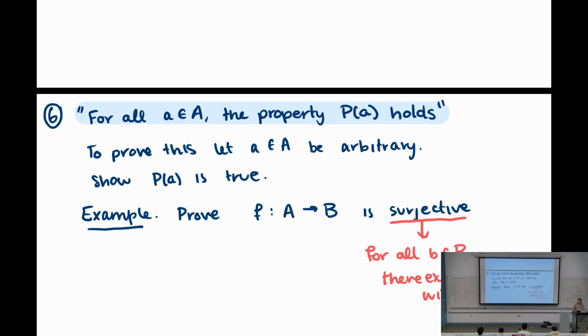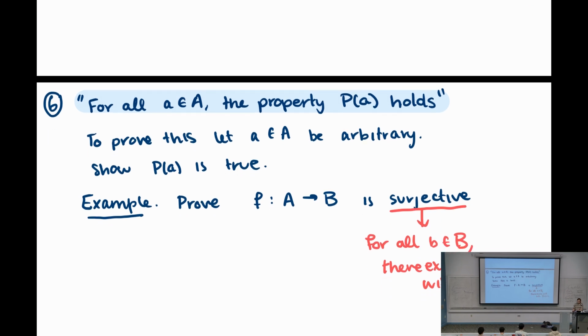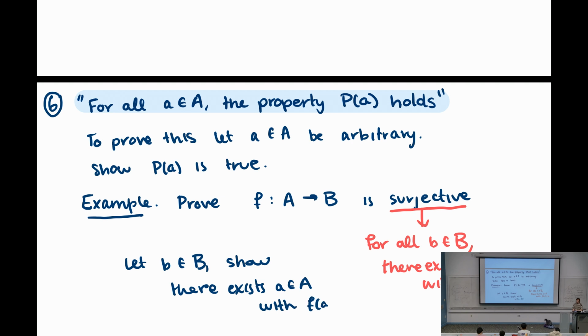Okay, so to prove that a function is surjective, what we would need to do is let b be any element of B, and then show the second half of this, so show that there exists a in A with f of a equal to b.